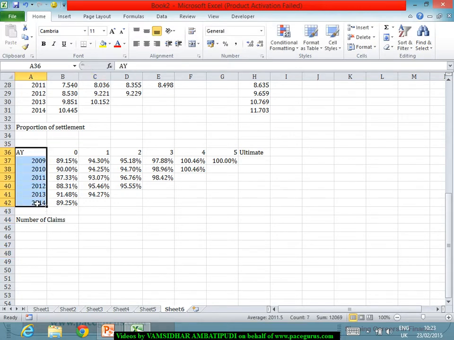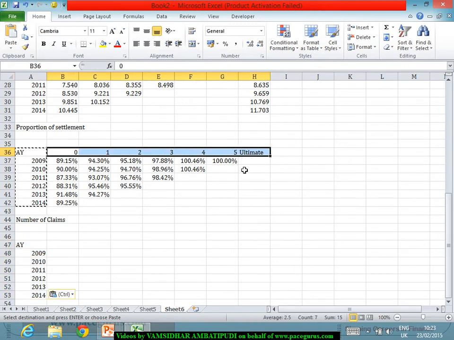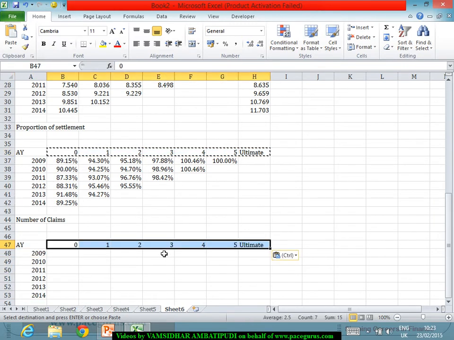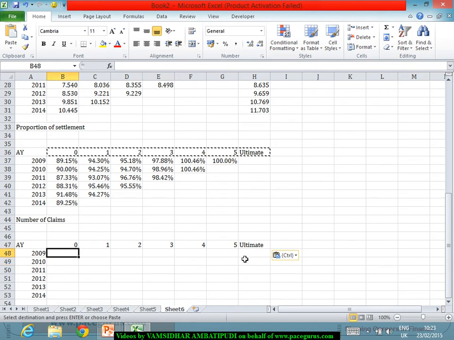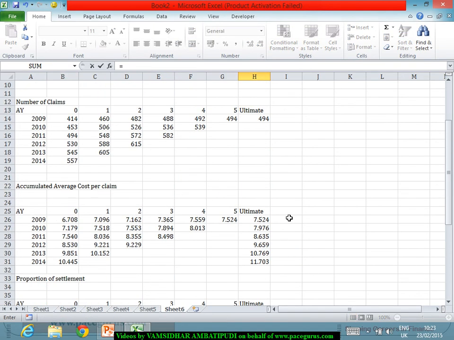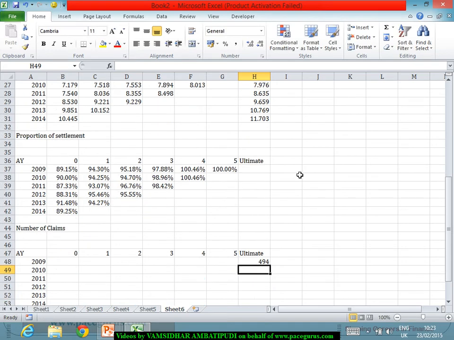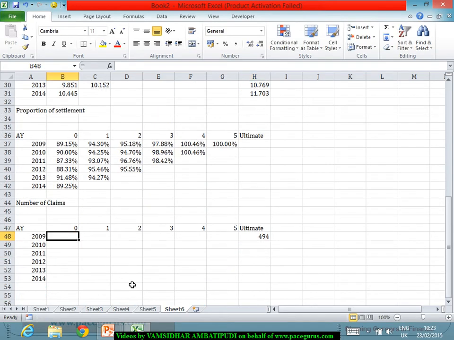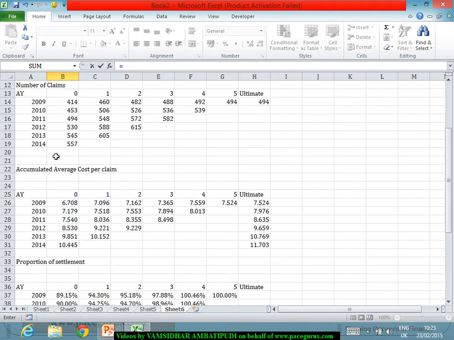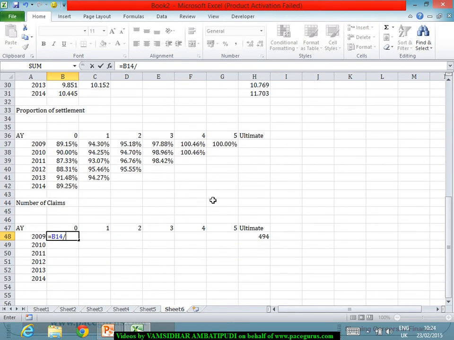Probably if I take, these are my assessment years, these are my accident years, these are my numbers. Now for this year we already have the total claim amount as this much. So I'll take it on a proportionate basis. 414 claims got settled as a proportion of 494, making it around 83%.